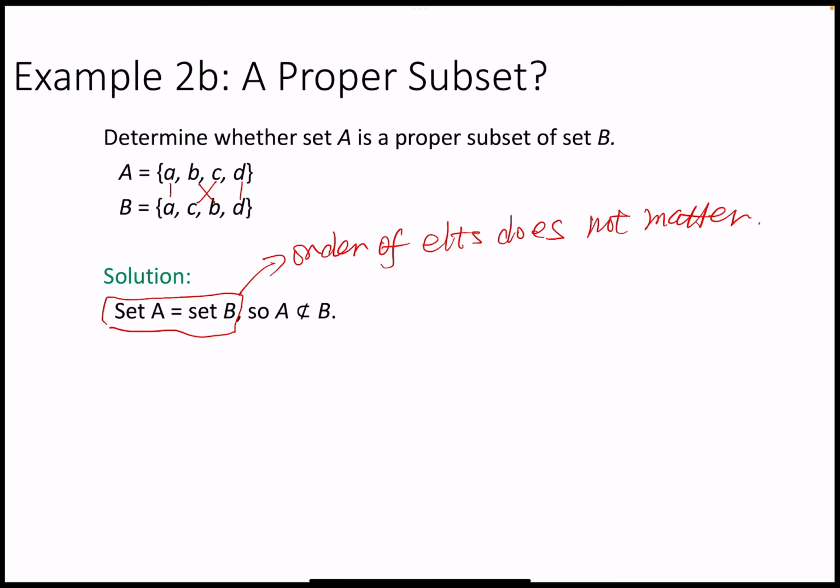Because set A equals set B, set A is not a proper subset of set B, because to be a proper subset, A cannot be equal to B.